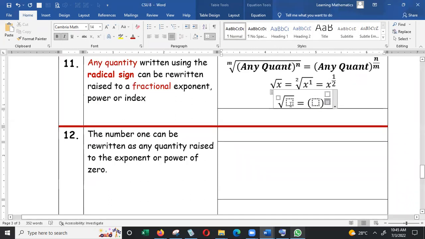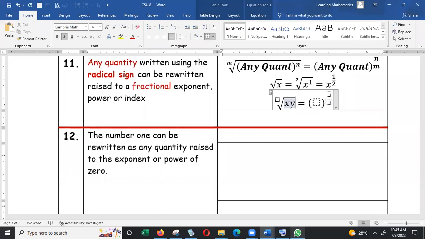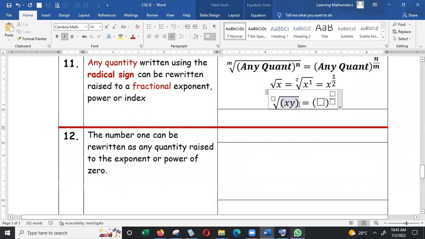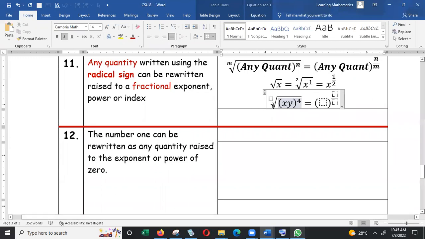Right. So if we start with any quantity here, let's say we have xy, all of xy is raised to the power of, let's say, 4. It's under the radical sign, and let's say you have a degree of 5.